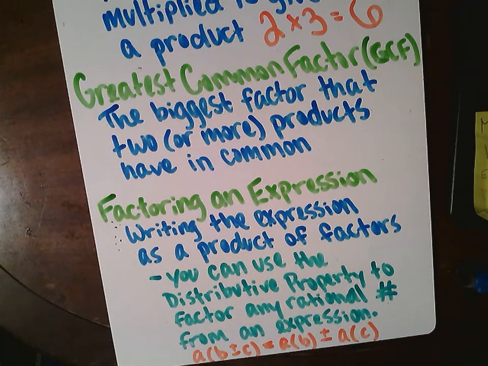So it's just A times B plus or minus C is equal to A times B plus or minus A times C. If it's a plus here, it'll be a plus here. If it's a minus here, it'll be a minus here. But you can go back to earlier videos and see the rule if you need to.